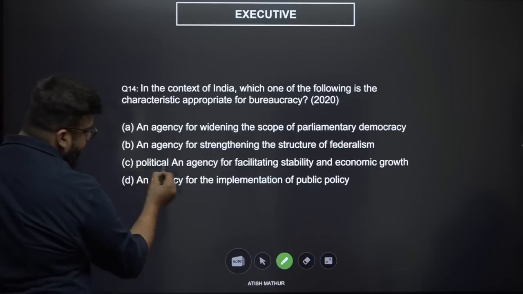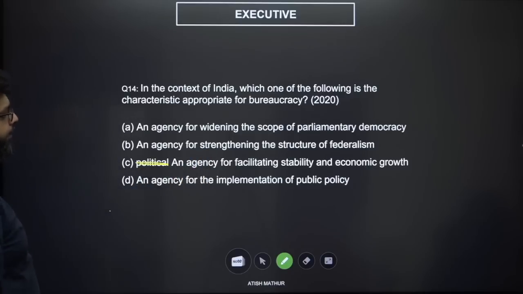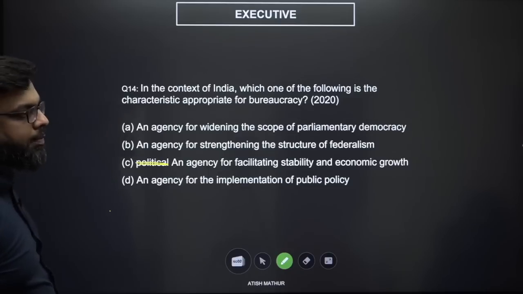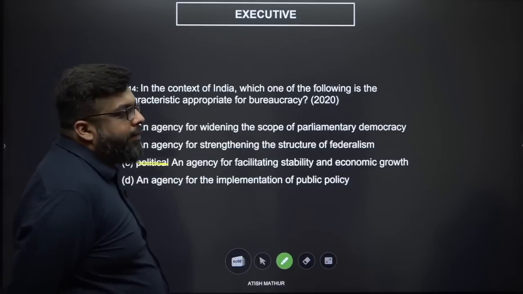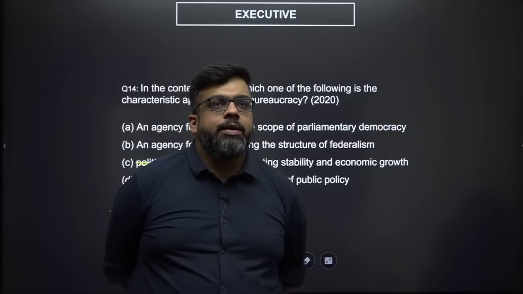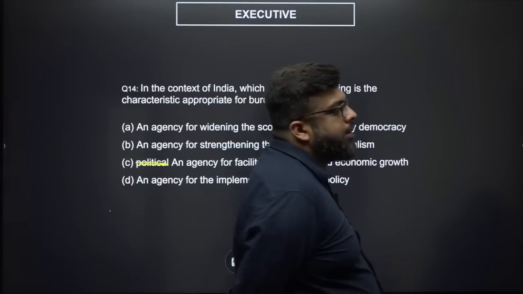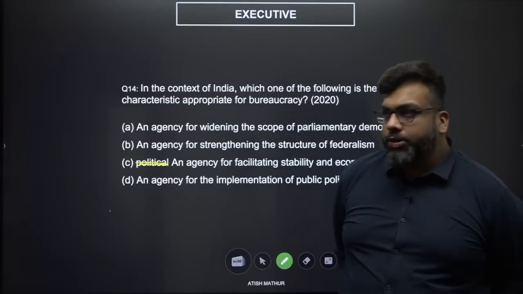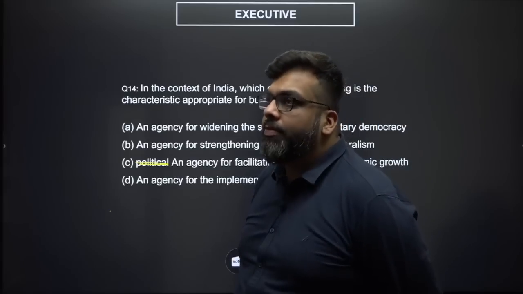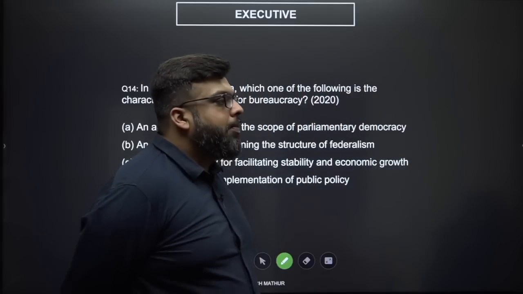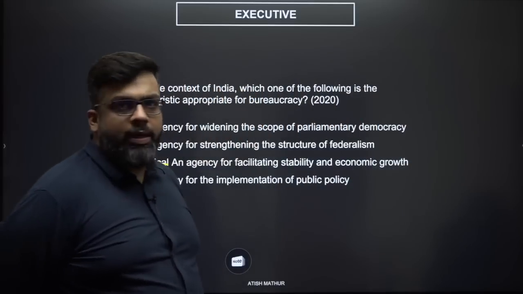So let's apply the devil's advocate theory. An agency for widening the scope of parliamentary democracy. Widening the scope of parliamentary democracy means more and more people should be participating in elections, and more people should be represented in elections, and more people should enter politics, and democracy must be more inclusive.